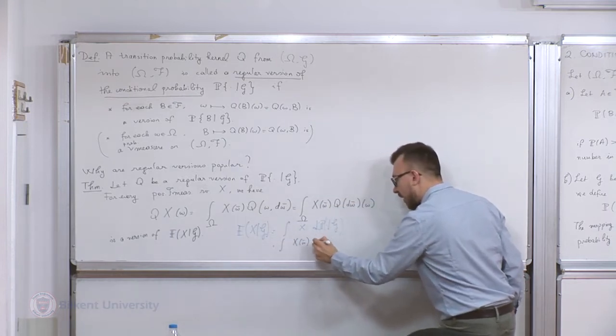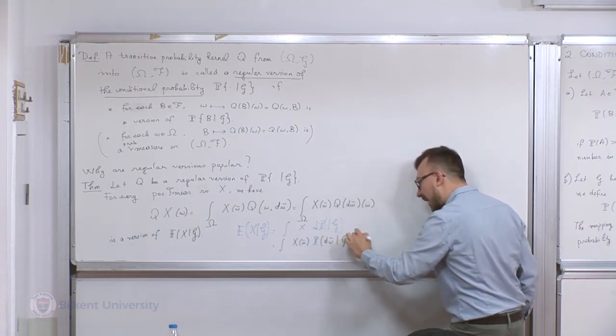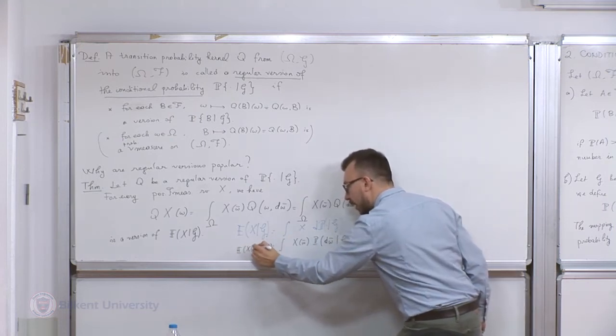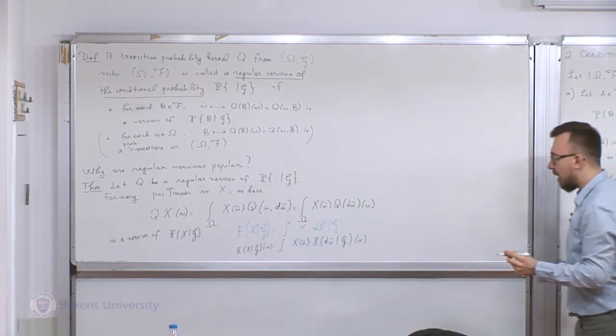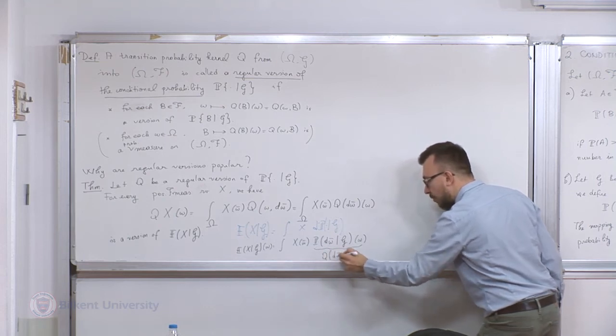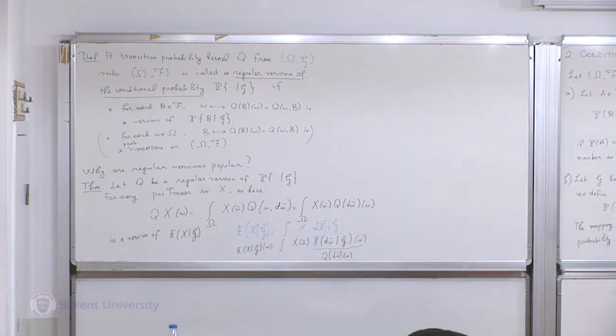We really have P of d omega given G, but now this is a random variable, so this depends on omega. And this is what we mean by Q. So just like expectation is the integral of X times dP, conditional expectation is the integral of X times conditional probability.